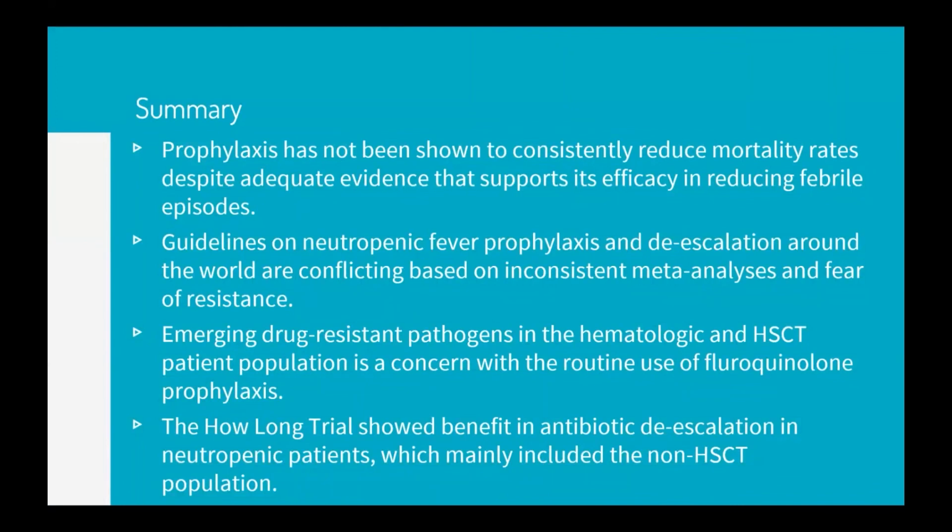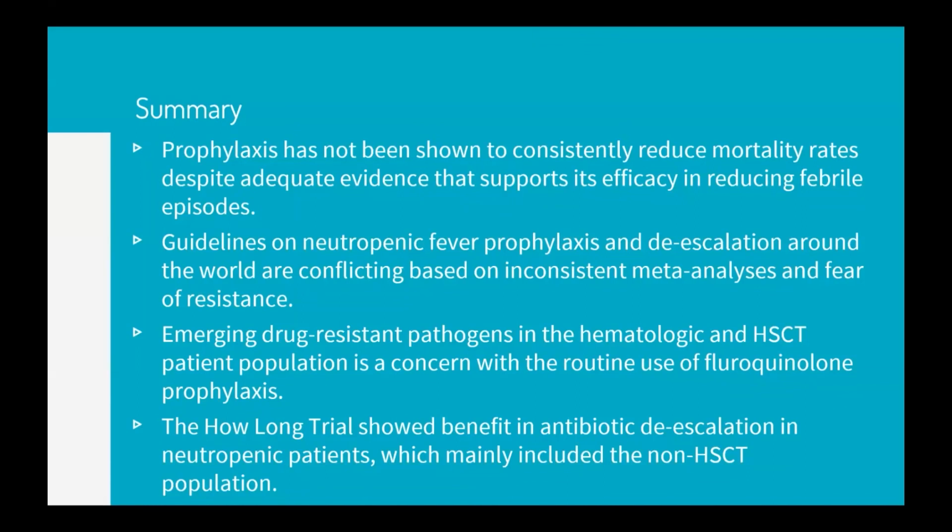Now, to summarize everything that I covered so far, and this is, in my opinion: prophylaxis has not been shown to consistently reduce mortality rates despite adequate evidence that it supports efficacy in reducing febrile episodes. Second, guidelines on neutropenic fever prophylaxis and de-escalation around the world are conflicting based on inconsistent meta-analyses and fear of resistance.